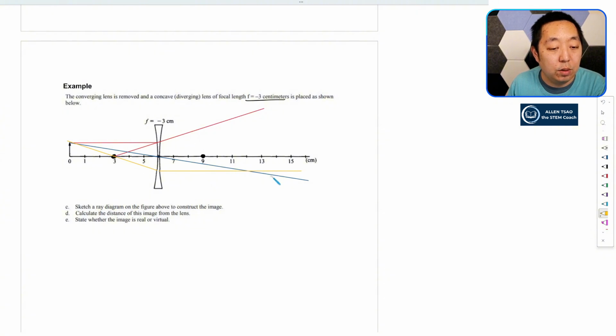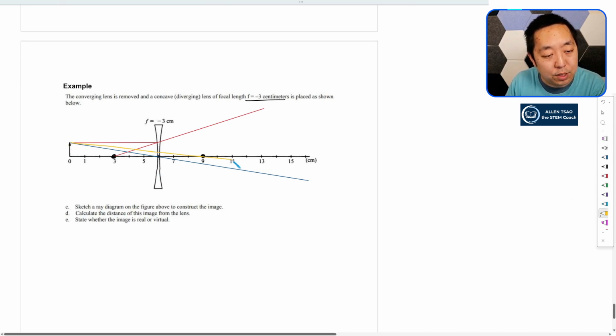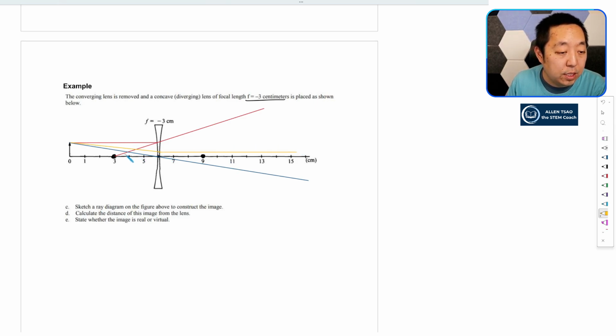Sorry, this one's wrong. That was a converging lens. Got to bend towards the opposite side. I was going to say it looks a little weird. So it's got to do that. Make it look like that, and then it's going to bend horizontal like this. And so if you look back at the tracing of it, the light rays all appear to come from right at this point right there.